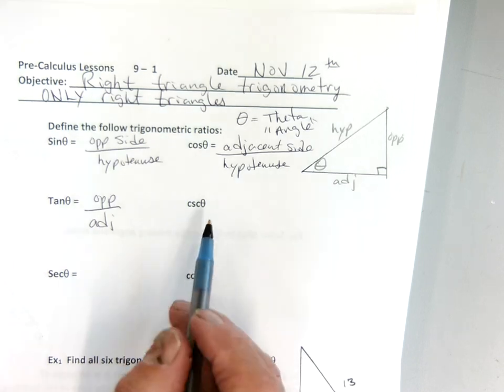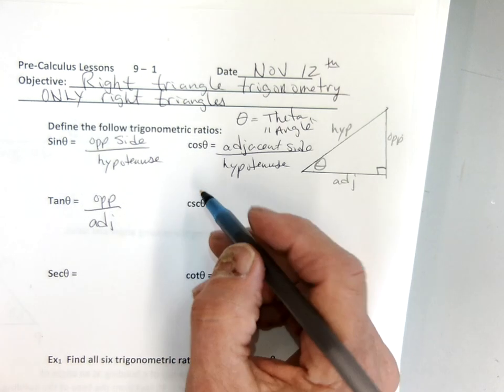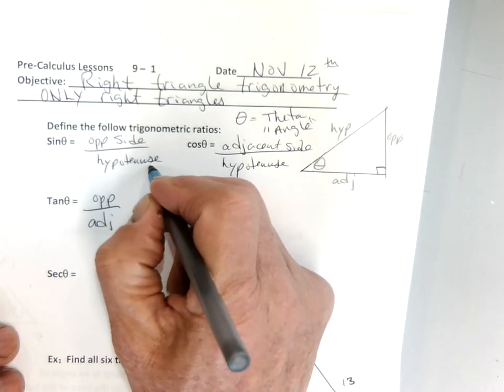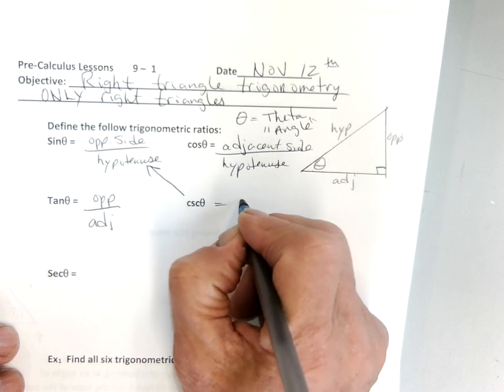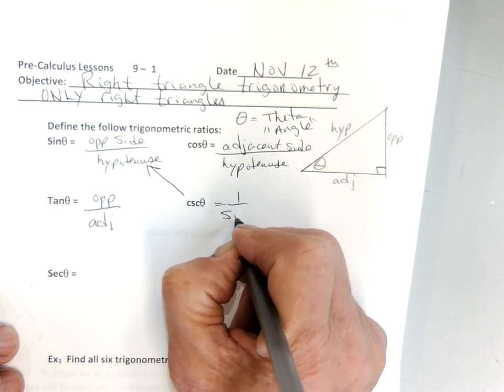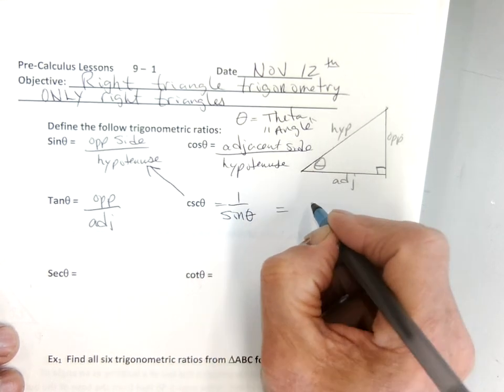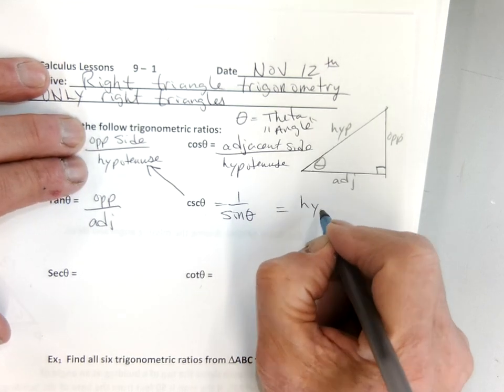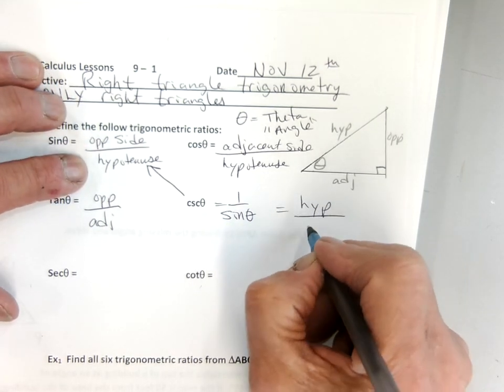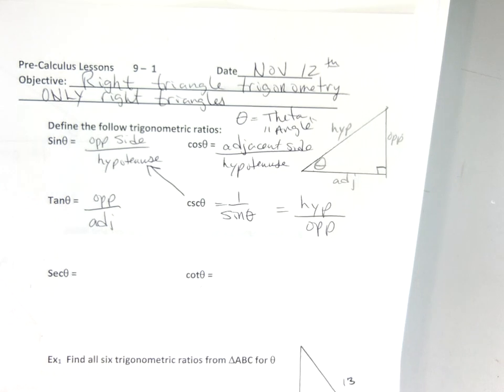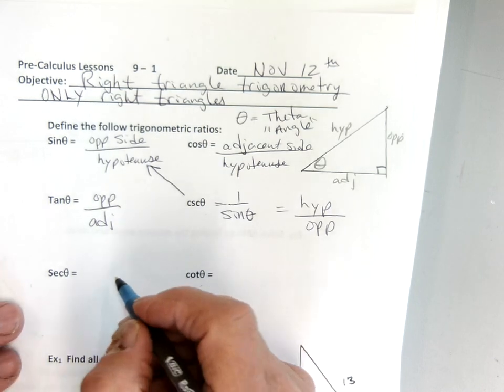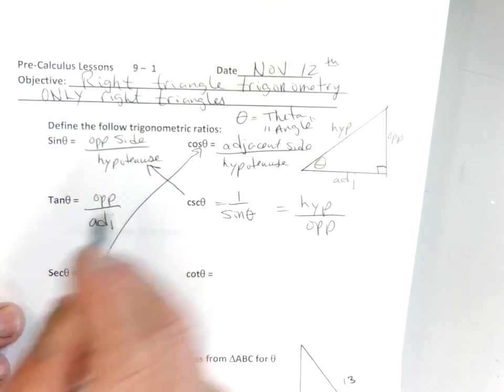Now these three no one really uses, but in math they can happen. Cosecant is the opposite of sine. So cosecant is really 1 over the sine, the inverse, which is the same as the hypotenuse over the opposite, okay? Now we won't use this much, but it's still a math term. The secant is the opposite of cosine.